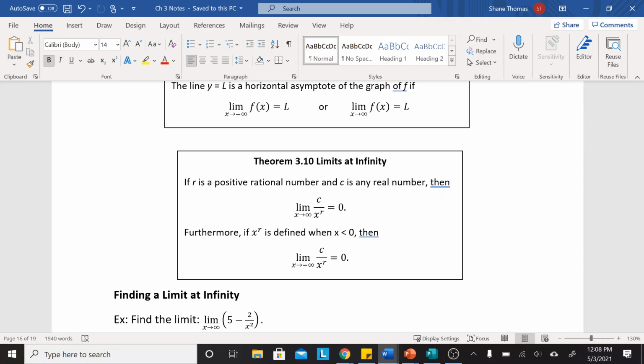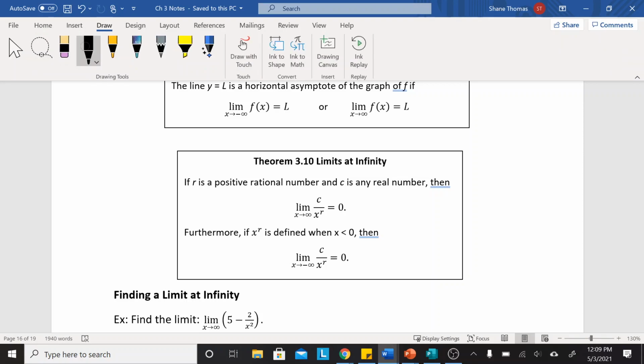If I have something approaching infinity or negative infinity, and I have a number over x to a power, anytime I have something like that, that means I'm getting closer and closer to 0. The reason being, say I have just x squared on the bottom. If I put a 1 in, I have 1 over 1. If I put a 2 in, 1 over 4. 3 in, 1 over 9, and so on.